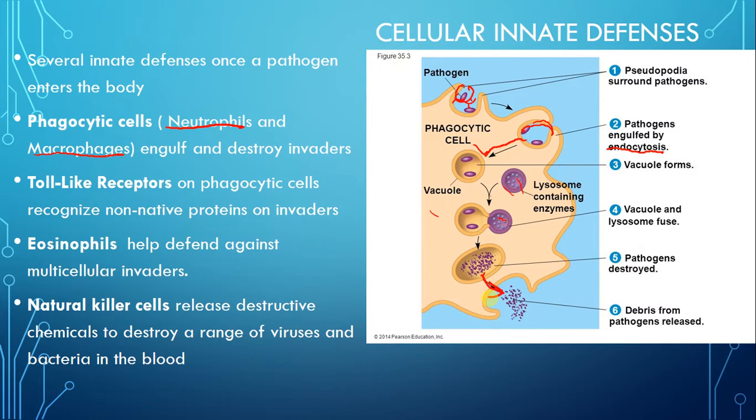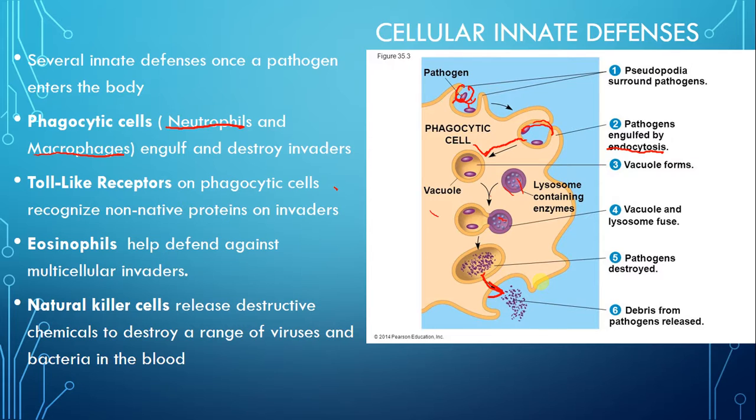This is generally how phagocytic cells digest pathogens. Toll-like receptors bind to non-native proteins, the pathogen is taken in via endocytosis, fuses with a lysosome, is destroyed, and the debris is released.